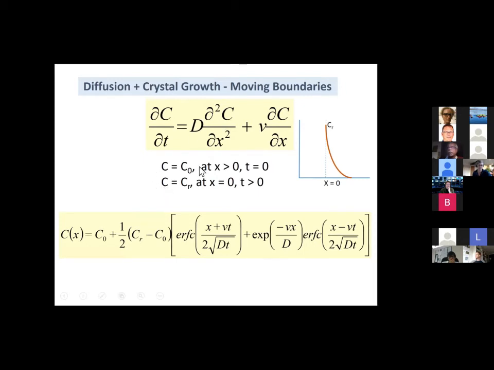But your normal diffusion would give you as a solution this error function term. When you have growth and dissolution, you have a second term that comes in, so it becomes a sum of two different things rather than one thing. That causes a number of differences in the behavior of the systems, which I want to talk about a little bit.